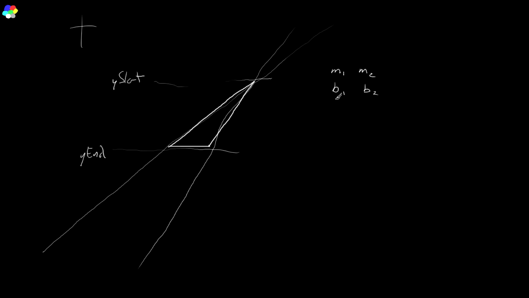You've got your slope, you've got your y-intercept, you're all set. And so we're basically passing the line equations to the function and the start y, and from the start y, we can calculate x1 and x2.